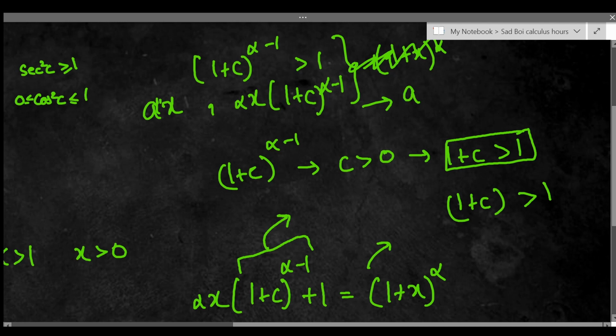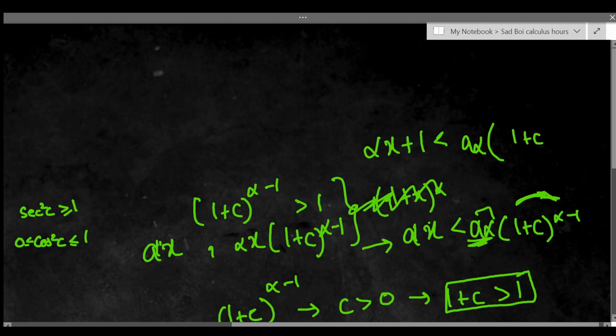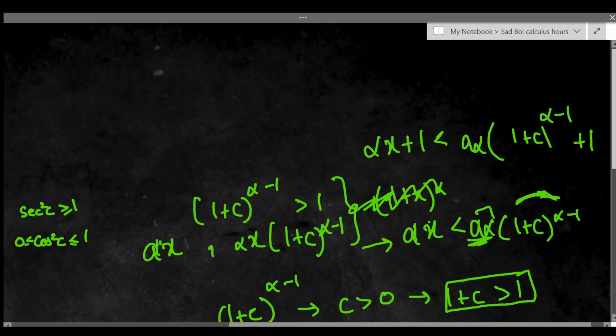So of course, alpha x is going to be less than alpha x times (1 plus c)^(alpha minus 1), because alpha x is being multiplied by a number that is greater than 1, so it always results in a value greater than alpha x. We also know that alpha x plus 1 is less than alpha x times (1 plus c)^(alpha minus 1) plus 1, because it's just the 1 that you're adding on both sides, so it doesn't make any difference.